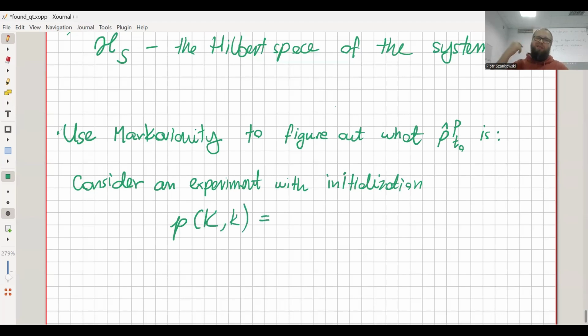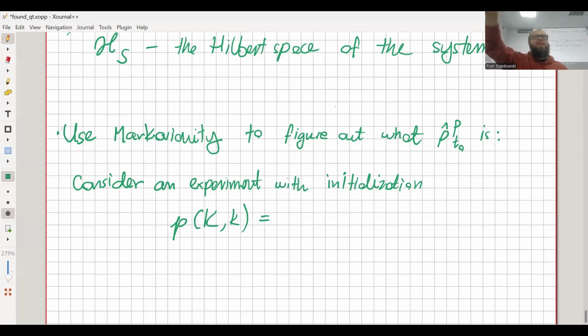If you recall, this P_KK probability distribution arises because initialization is when you pick some perfectly fine-grained device, do a measurement with it, and get some result. So you pick device capital K, you have some result small k, and this is what counts as an initialization.